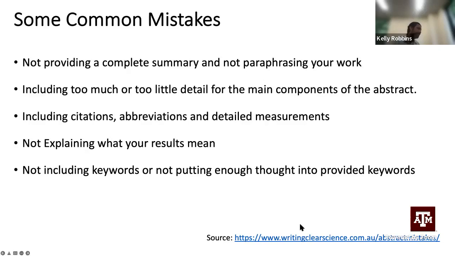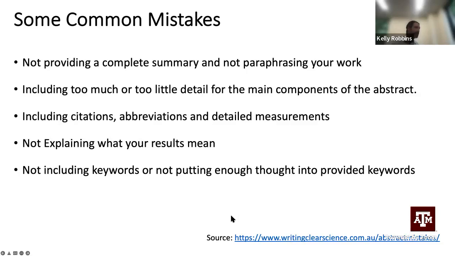And then this one's another important one: not including keywords, or not putting enough thought into providing keywords. Down here I do have the source, so you can follow this link. This is 11 common mistakes; I'm condensing and paraphrasing what was in this blog post, but it's certainly worth a look as well.